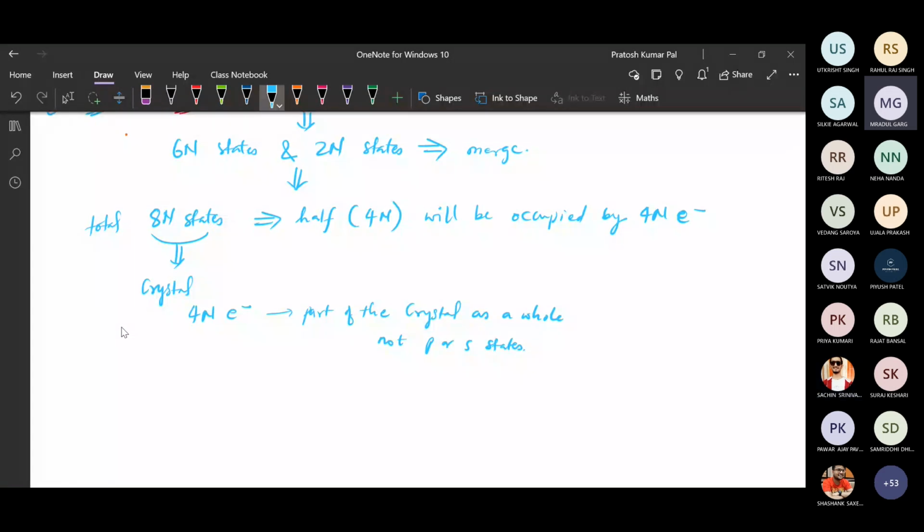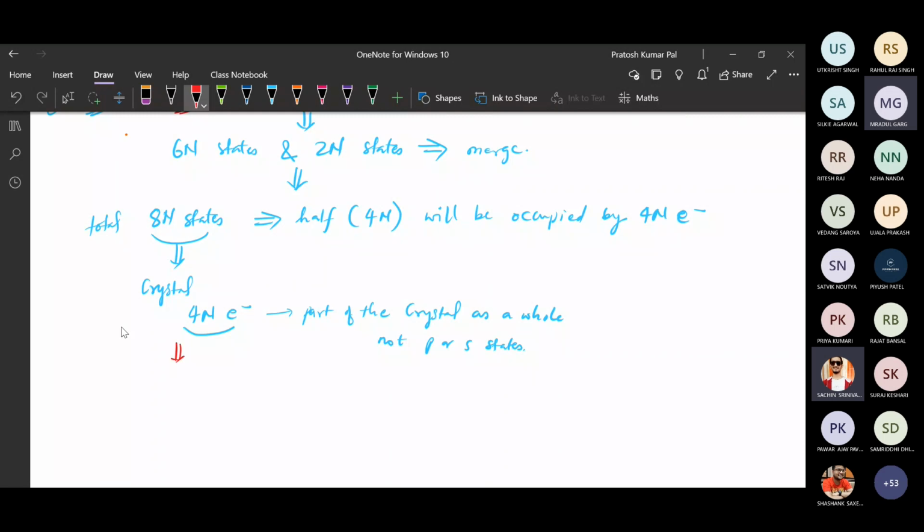Okay, so now in this crystal 4n electrons are filled. That means this element formed by the crystal of atoms has 4n electrons filled.